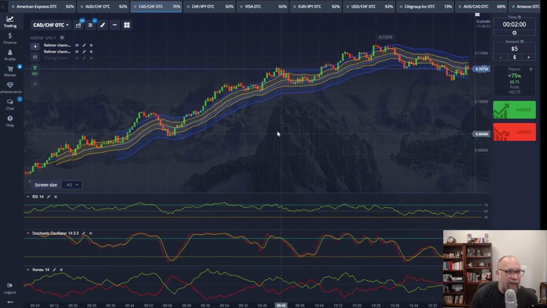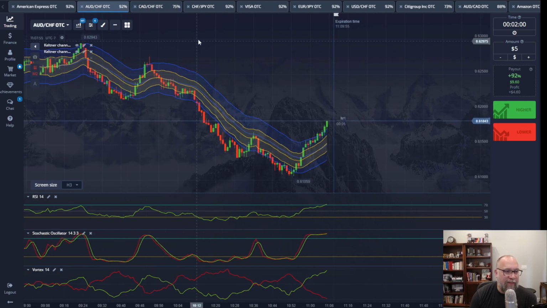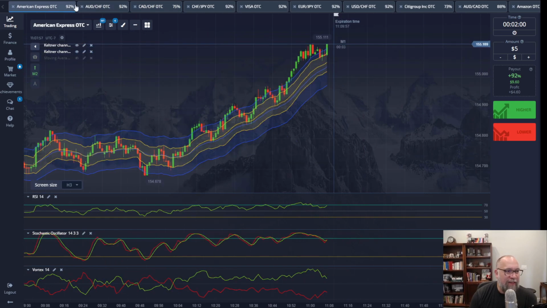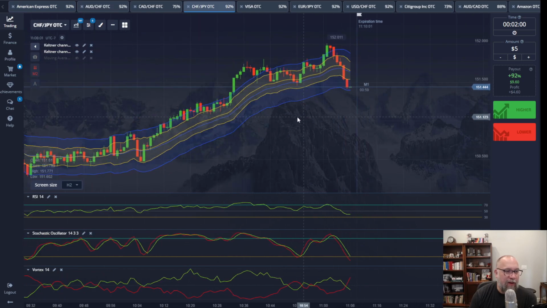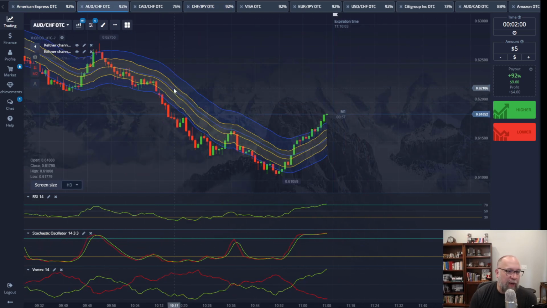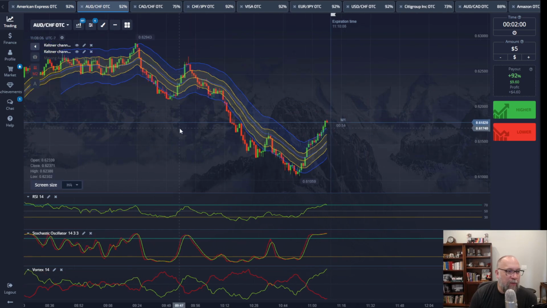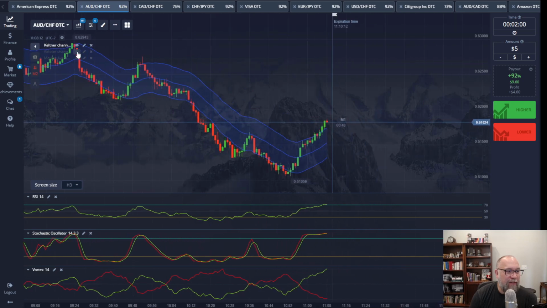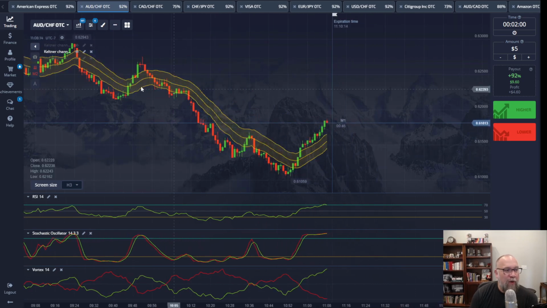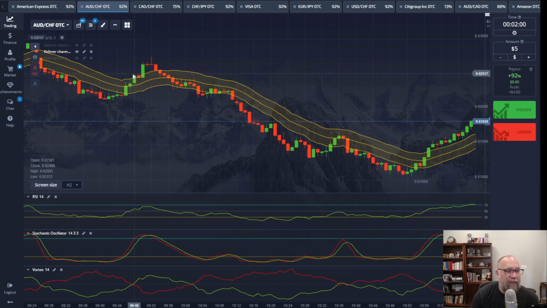But what I started seeing was, let me get a different asset here. Or maybe I'm just zoomed out too far. So what I started seeing, we'll just go back to this one, was that when inside just this yellow Keltner channel, let's turn that one off, whenever we have the first peak above, and it had come from below.